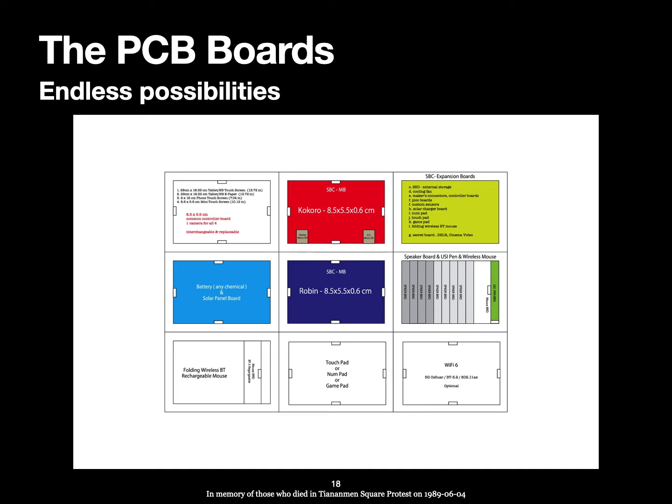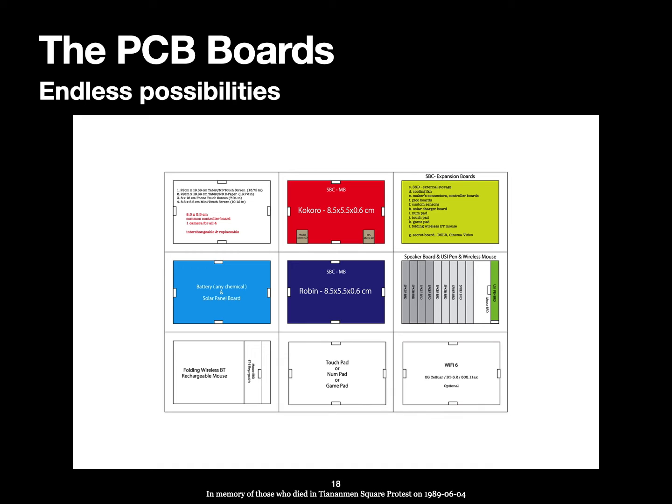When it comes to the PCB boards, here is a list of all the possibilities. Number one, we can have the Coca Roll board. Number two, we can have the Robin board, which we will introduce in the next slide. And then we can have the expansion boards.